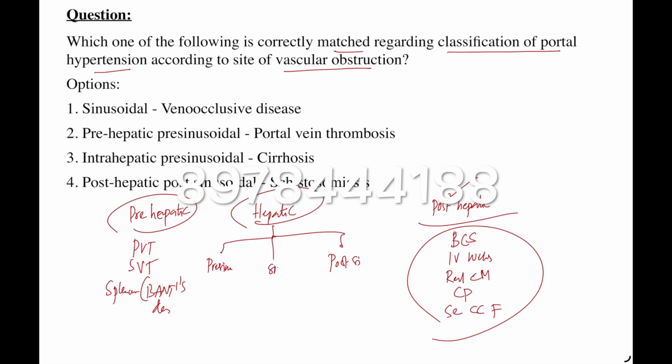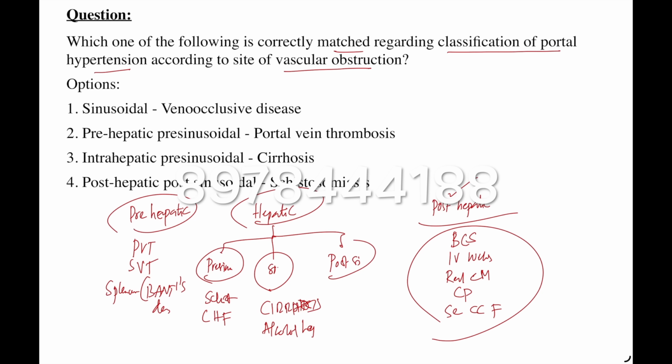Pre-sinusoidal, we have infections like schistosomiasis, congenital hepatic fibrosis. Sinusoidal is more common, that is cirrhosis of the liver. Cirrhosis mainly affects the sinusoids. Even alcoholic hepatitis mainly affects the sinusoid.